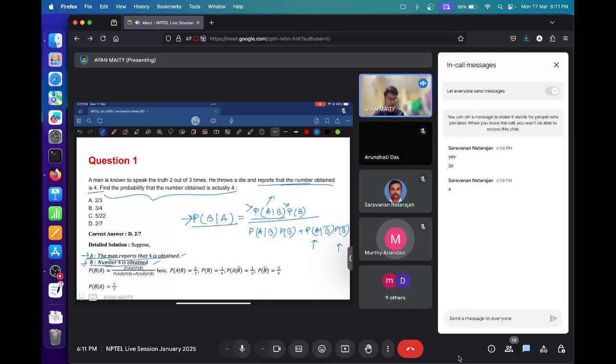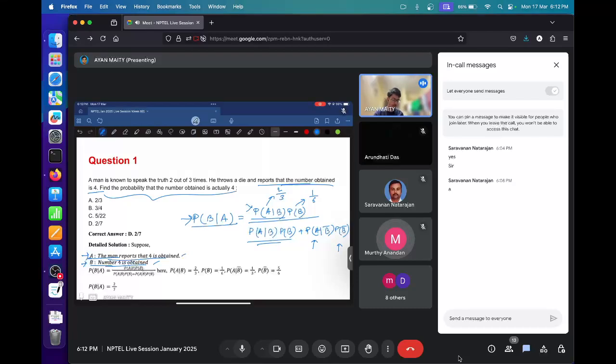So this is simply the probability of speaking the truth, 2 by 3. And probability of B is obtaining the number 4 on the die, so it is simply 1 by 6.